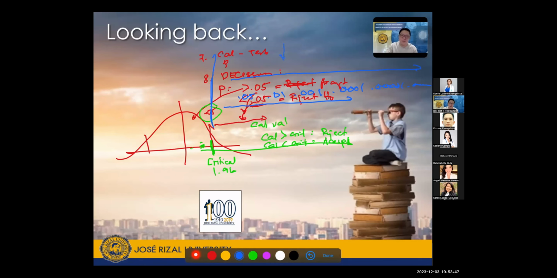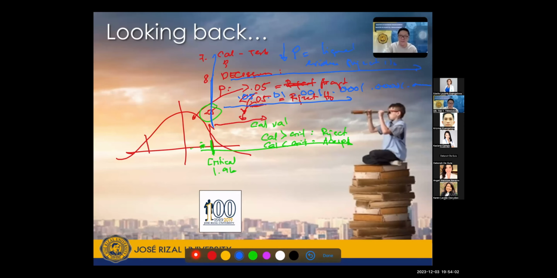As your p-value decreases, this means there is more and more evidence of rejecting your null hypothesis.